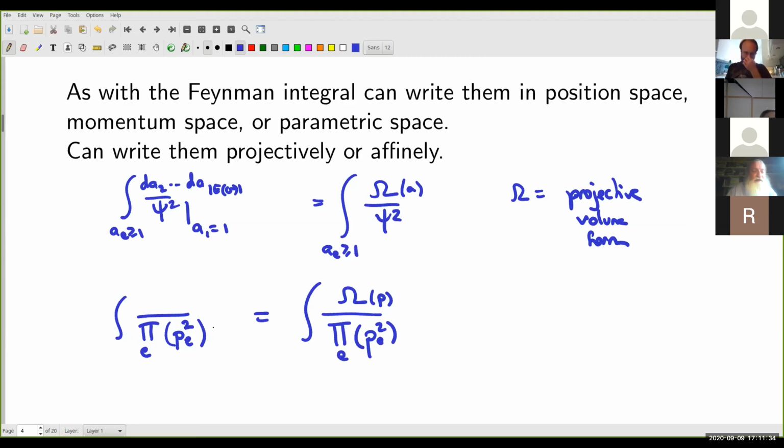And then what would I have to do here? Well, I'd better set one of them to 1. So P1 to a unit vector, a bold one, and integrate the rest of them, subject to my delta functions.